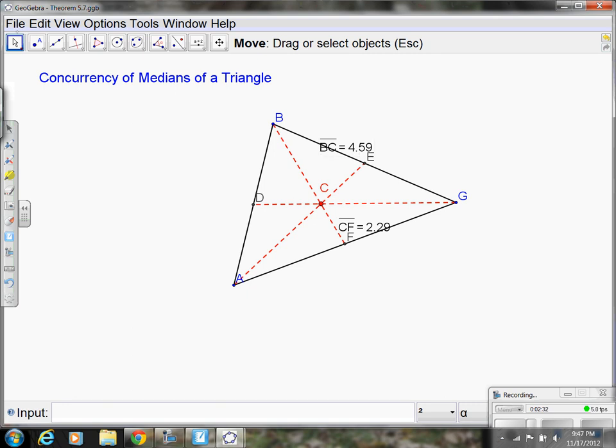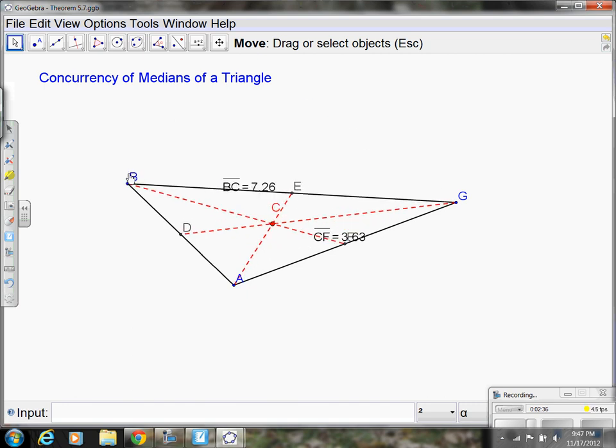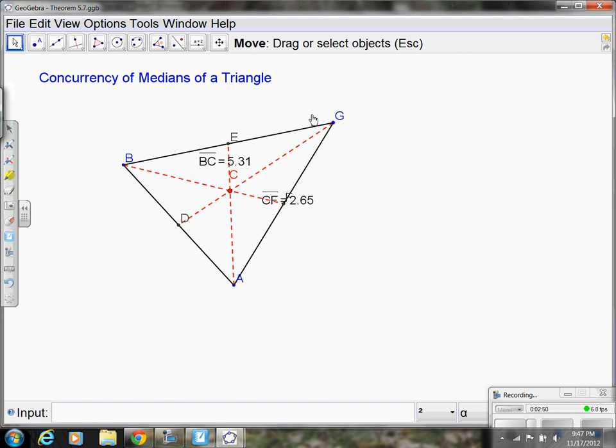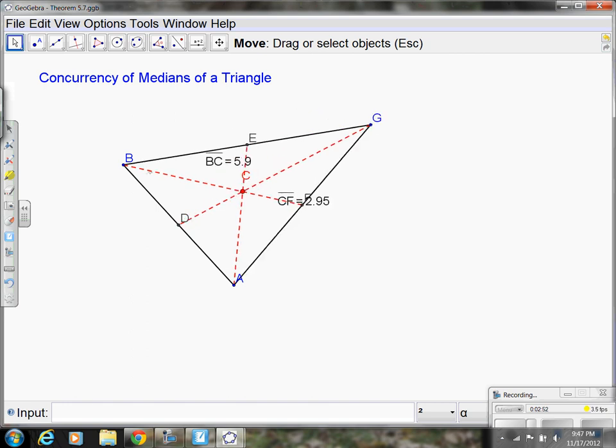So there's a little bit off with the rounding, but as I move the segment around, is this length still half of that length? About 7.6, 3.8. You double 3.8, you'd get 7.6. And if I move this point, it still is the same. And notice it's not just for this segment, but they're all that way.